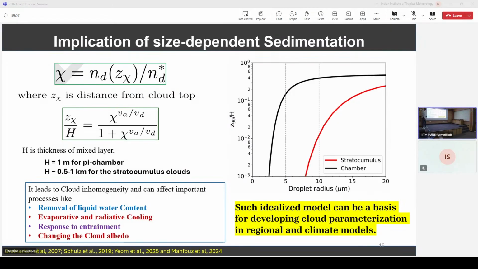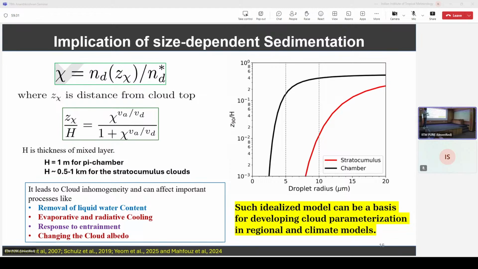So that is the observation from the pi chamber, but how it relates to the actual cloud is one very important question. The idea was how the droplet concentration varies in the case of actual clouds. So we define one parameter, chi, that is the ratio of the number concentration with respect to the number concentration in the mixed layer of the clouds.